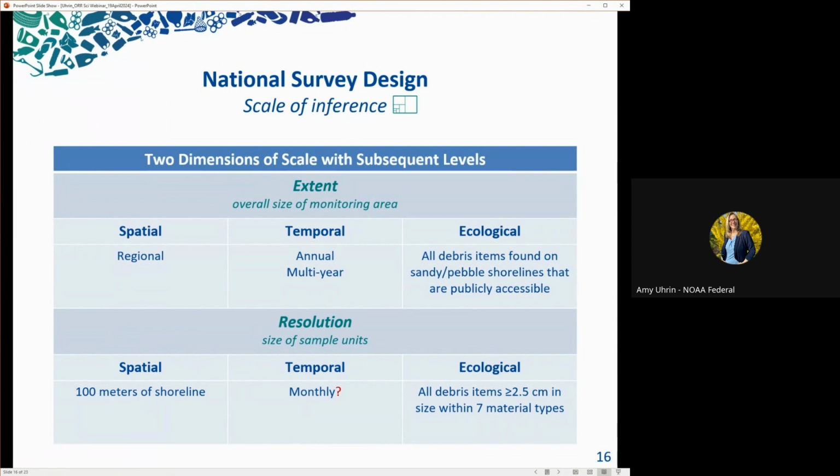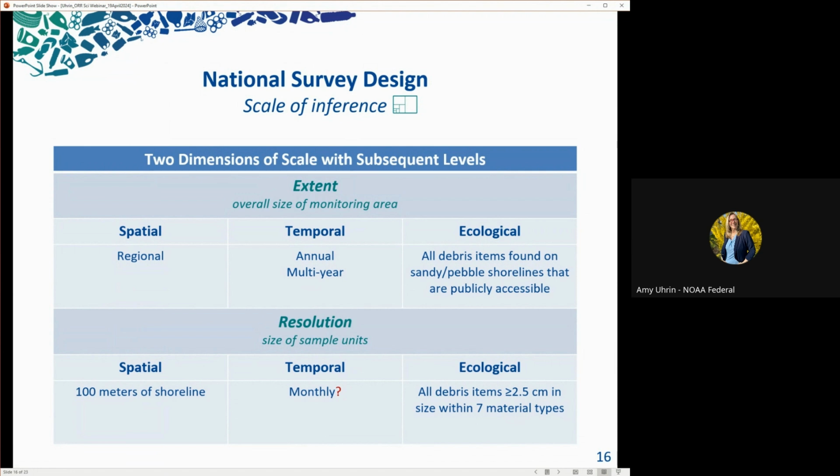And so we're going to start with the levels of extent, which is about the overall size you want your monitoring program to encompass. I already mentioned in the previous slide, we wanted to look at debris at the scale of regions. And you saw the little map of the 10 regions. These were designated according to a previous shoreline monitoring effort here in the US that took place back in the late 90s and the early 2000s.